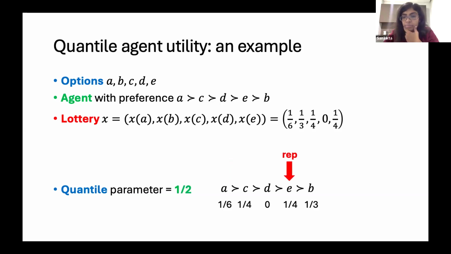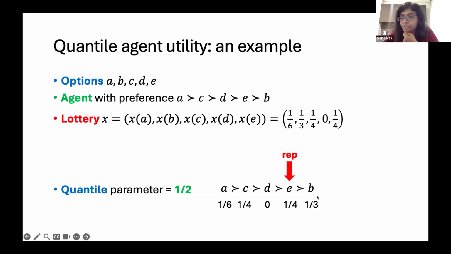For any other quantile parameter, let's look at the median value, so half. Then the representative is the worst option with positive probability such that the sum of the probability masses of the options worse than it is upper bounded by the quantile parameter.